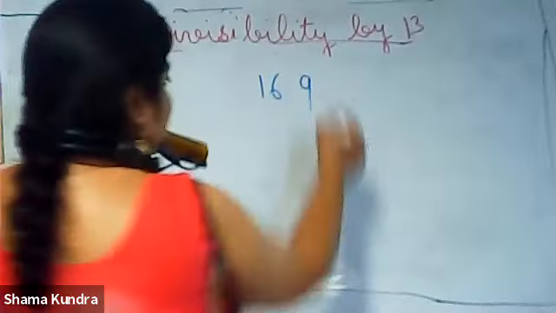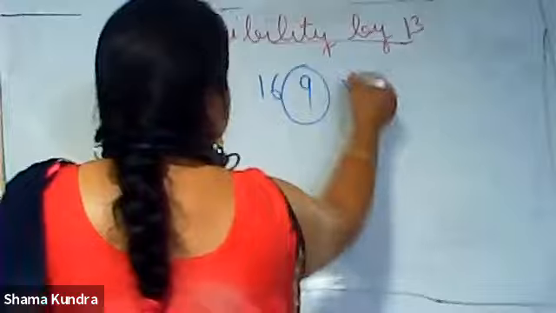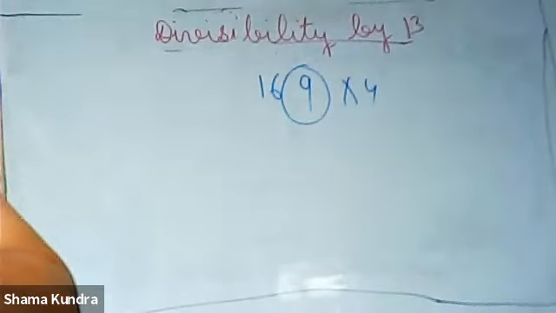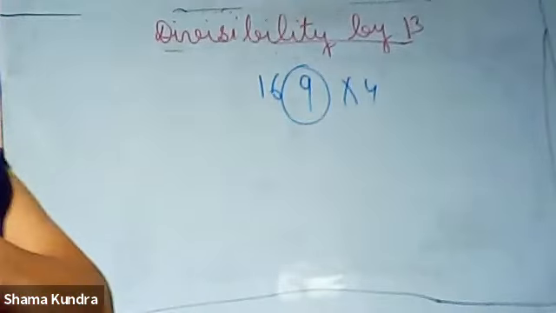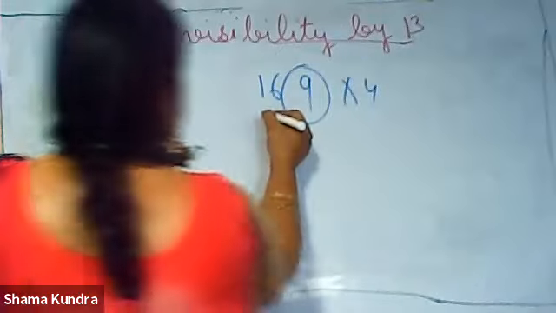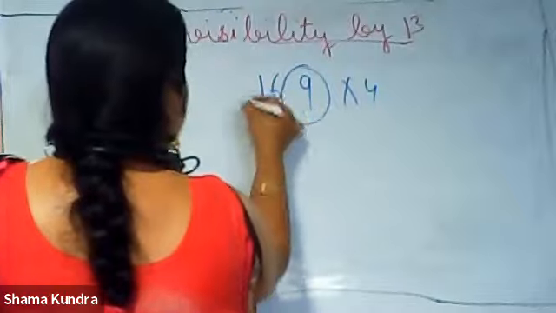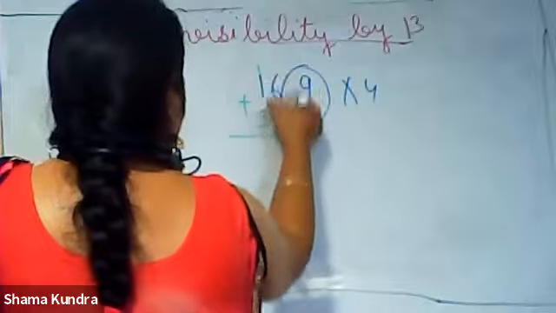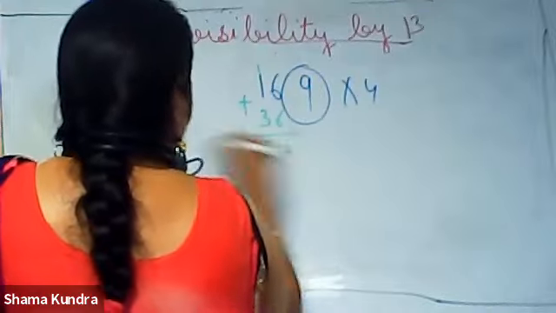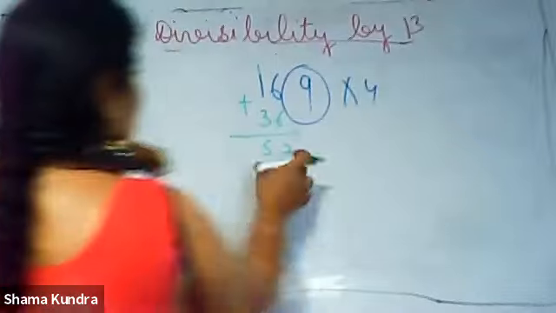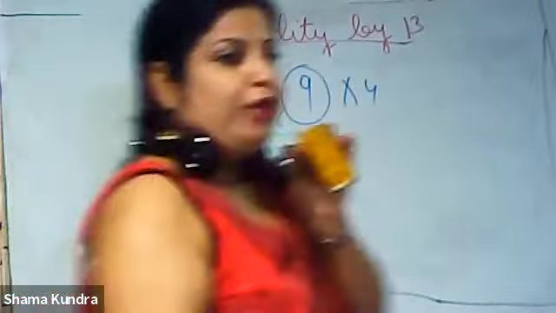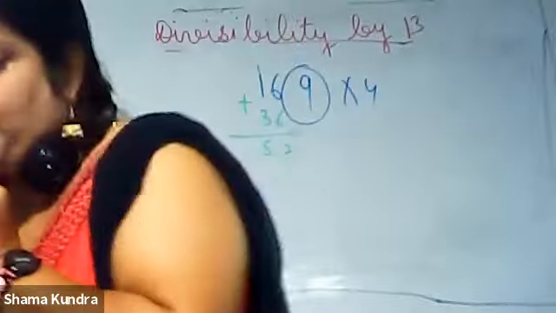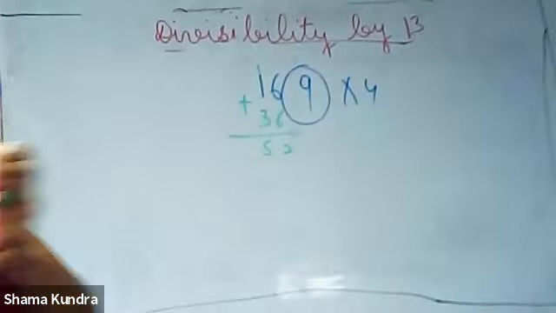What I will do is multiply the unit digit with 4. 4 times 9 is 36. Now add 16 and 36, you will get 52. Now 13 into 4 is 52. It is divisible by 13. So the given number is divisible by 13.